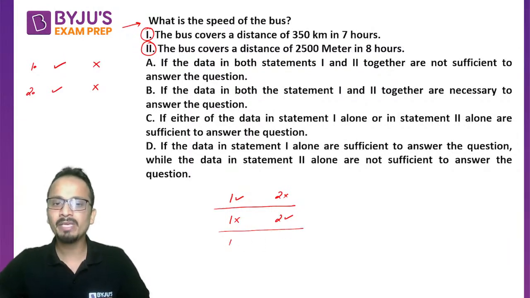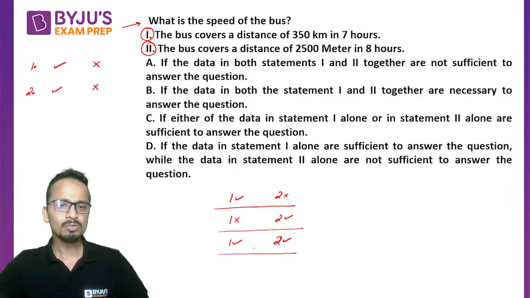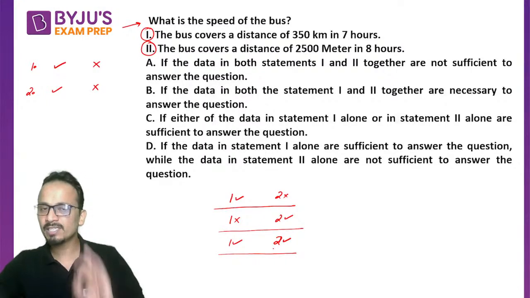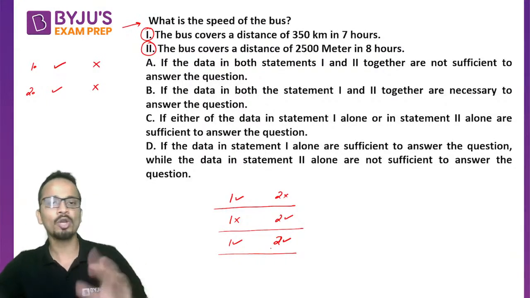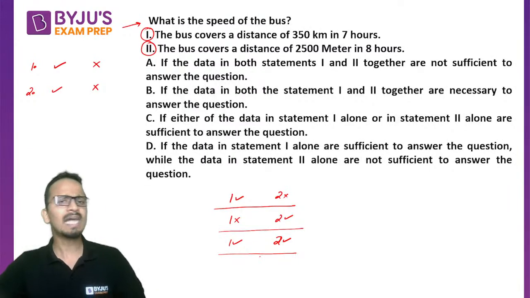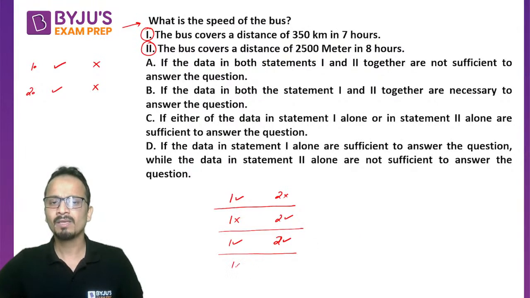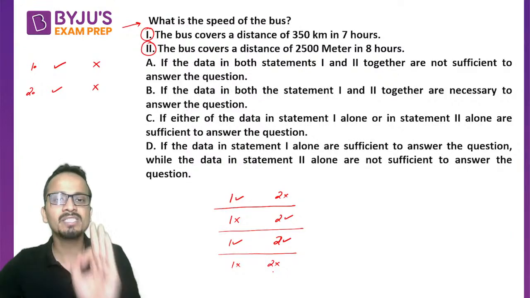Another option can be both statements taken individually are sufficient to answer the question. In any of these situations, you can mark one of the given options, but there may be another situation that will arise: I am not getting the answer from statement number 1 as well as statement number 2 when I treated these two statements individually.